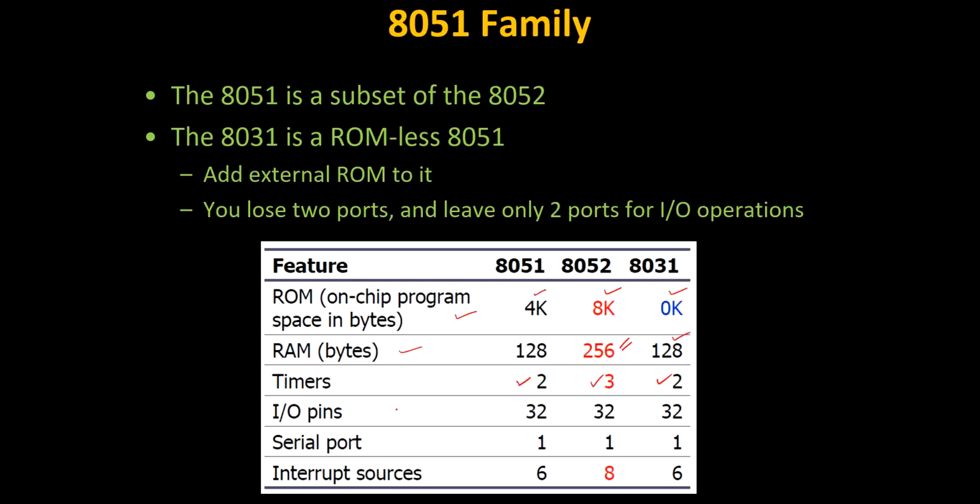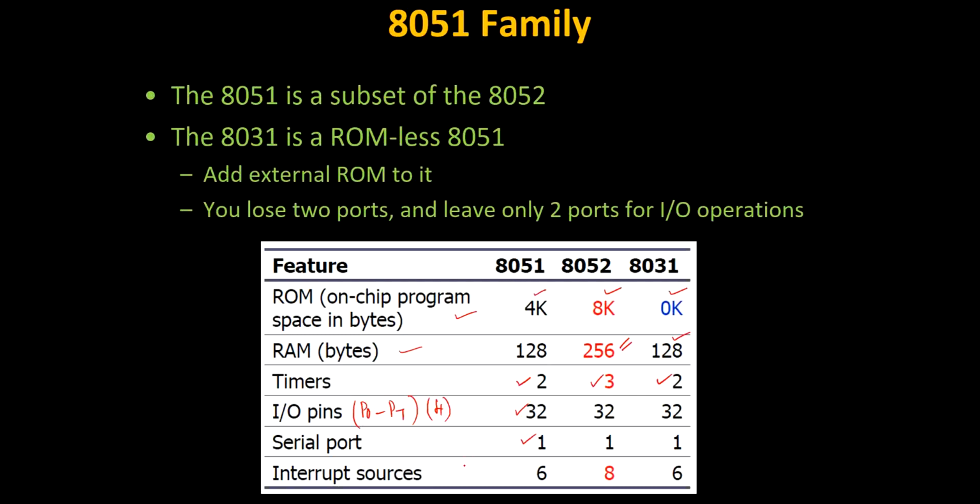For I/O pins, that is the ports, we have P0 to P3, so 4 ports, and all are 32 I/O pins. For the serial port, all of 8051, 8052 and 8031 have a single serial port.